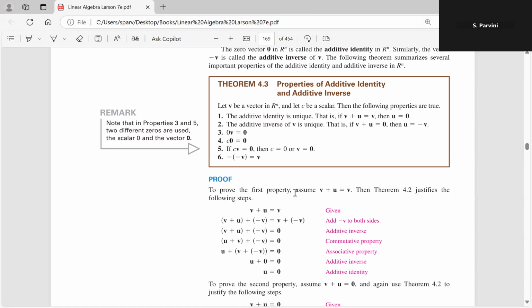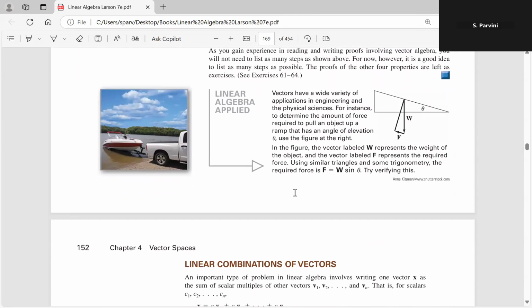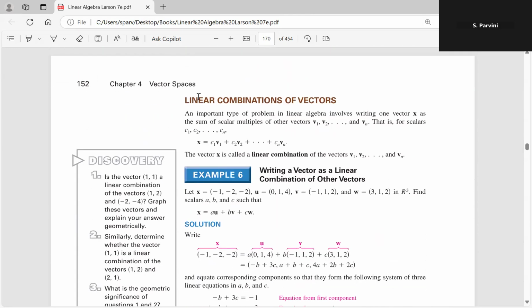All right. Now let's see what else. Almost done with this. Okay, let's talk about linear combination of vectors. When we say we can write a vector as a linear combination of other vectors, it really means this: if you add a scalar multiple of one vector to a scalar multiple of another vector, and so on, as many vectors as it takes, and that gives you vector x, then we say x is written as a linear combination of these other vectors.